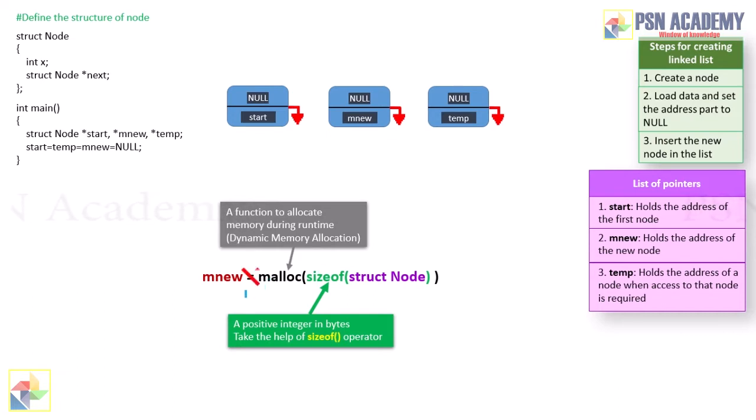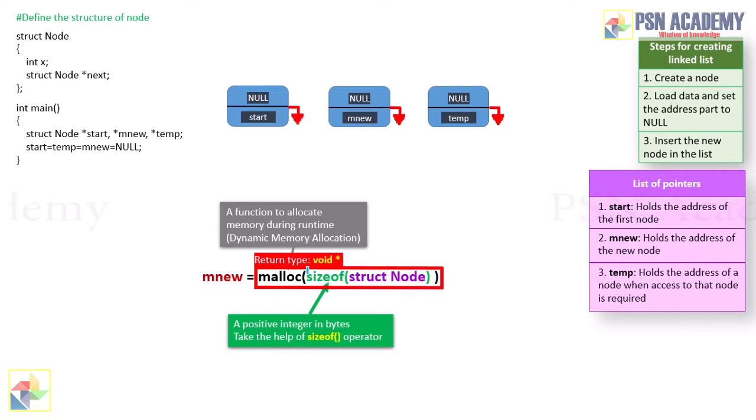But this will not work. Why? Remember the property of a pointer. What it says: the data type of a pointer and the data type of the location it points to must be similar. But here what we see, malloc is void star type.